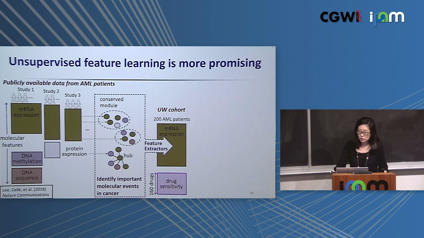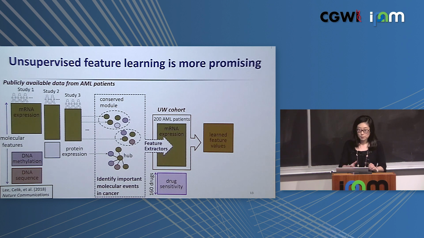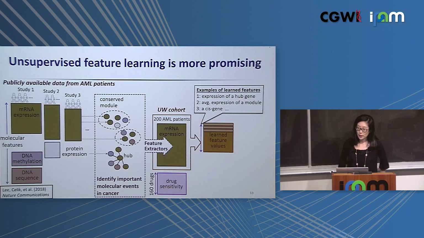And then we try to extract a small subset of genes likely to represent important disease process events in an unsupervised manner, and reduce the dimensionality of gene expression data into smaller learned features. So one example is the expression level of a hub gene, the genes that are densely connected with many other genes, inferred from the gene regulatory network, and Sushimura gave a very excellent review on gene regulatory network reconstruction.